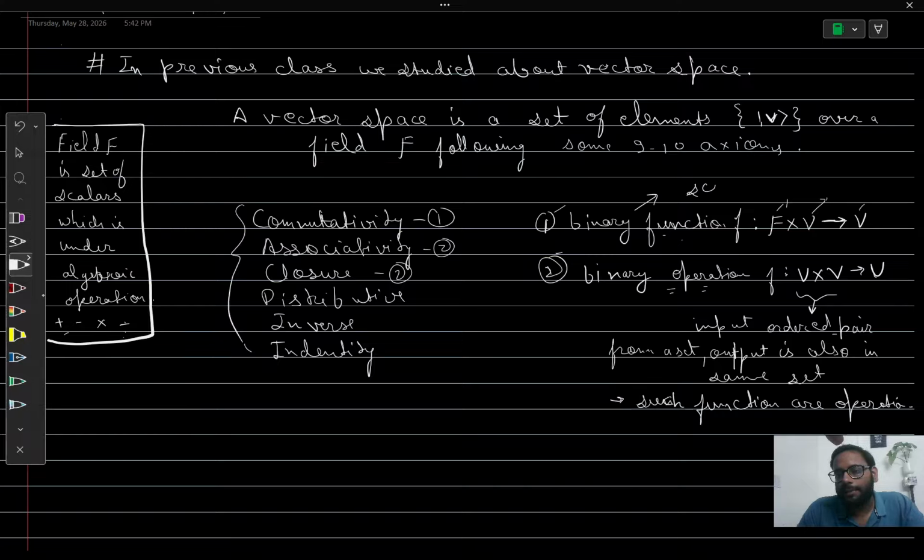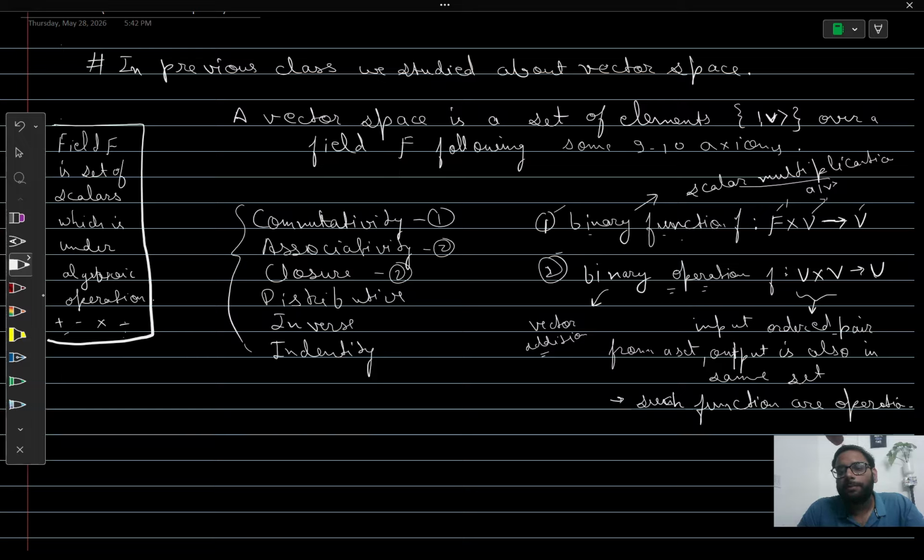It is scalar multiplication, which is the multiplication of a scalar from the field and a vector. Similarly, the binary operation is vector addition, the addition of two vectors.